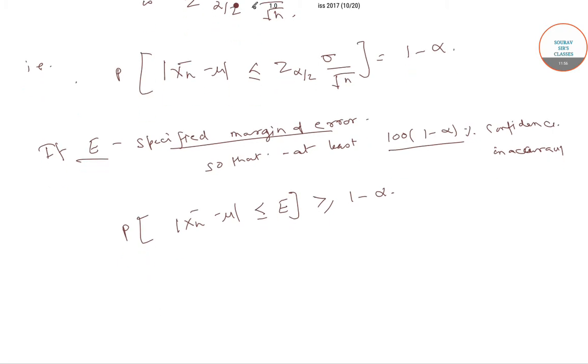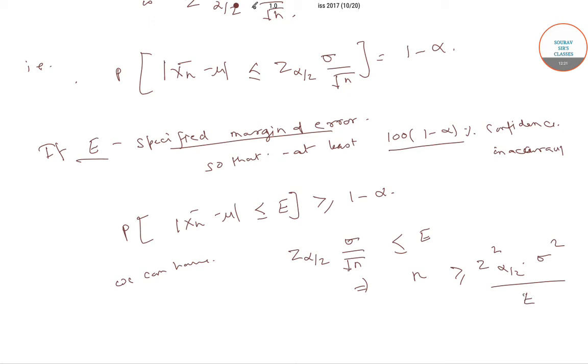Then z alpha by 2 into sigma by root n is less than or equal to E, which implies n is greater than or equal to z alpha by 2 square into sigma square divided by E square, where E is some pre-assigned quantity.